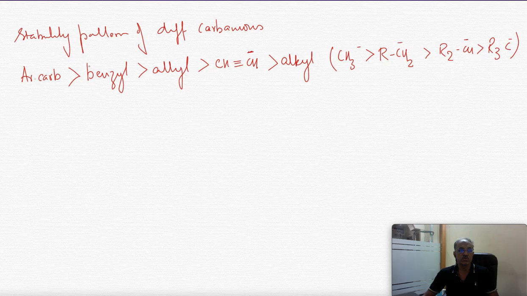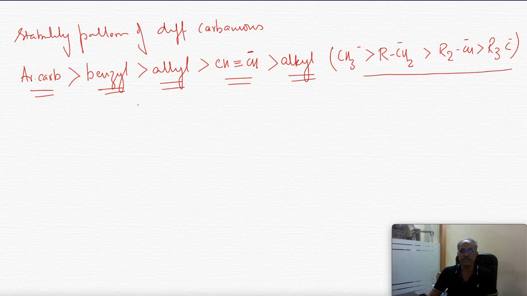Fine, so make a note of it. Aromatic carbanion is more stable than benzyl, which is more than allyl, which is more than alkyne, which is more than alkyl. In alkyl groups, this is the pattern for carbanion, that means primary is more stable than secondary, which is more stable than tertiary.